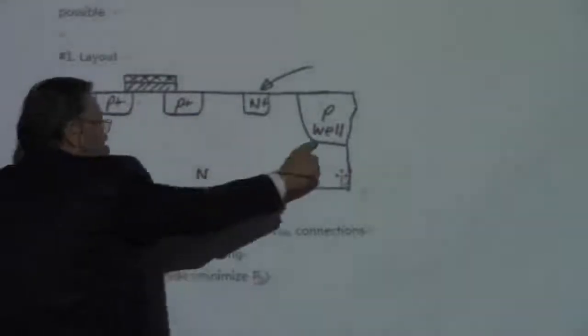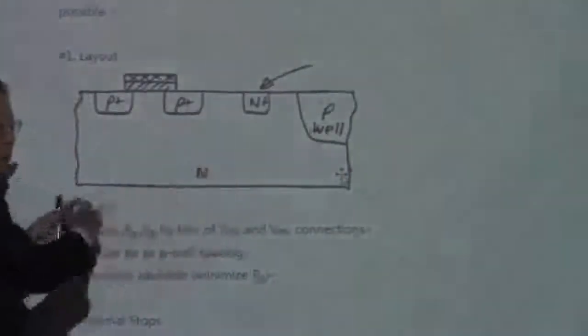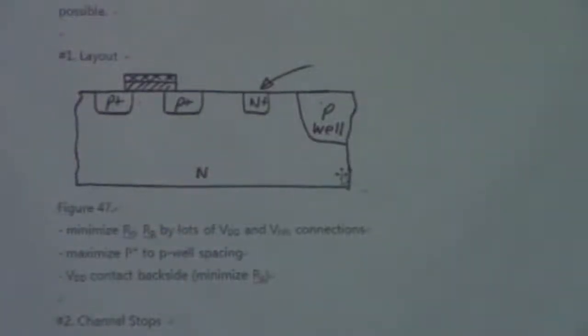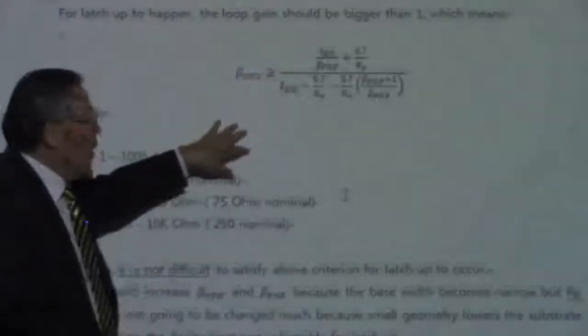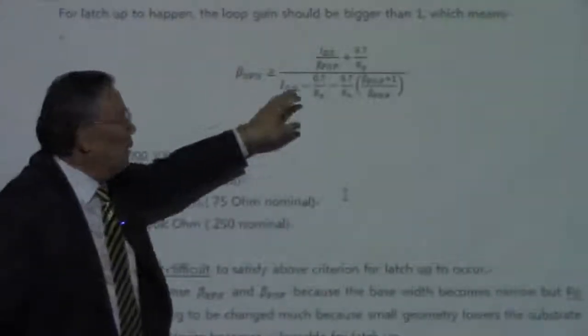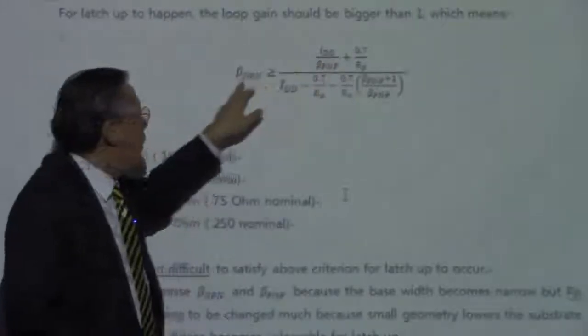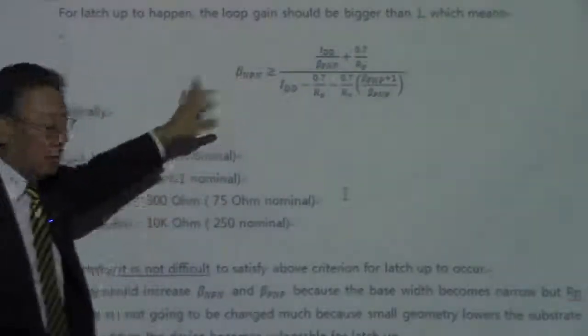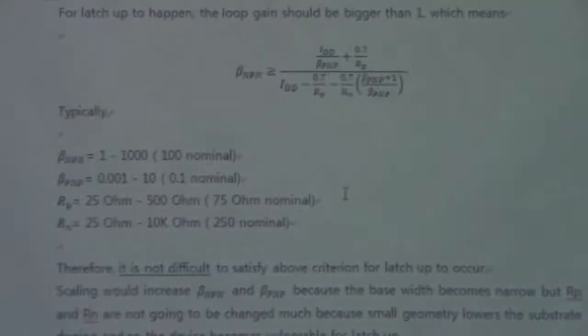And maximize the P plus to P well spacing, so that the lateral bipolar transistor base width becomes large. If you make it large, then the beta is going to go down, and the criterion here is going to go down. Then you can make this thing bigger than this, so the latch up is not going to happen.